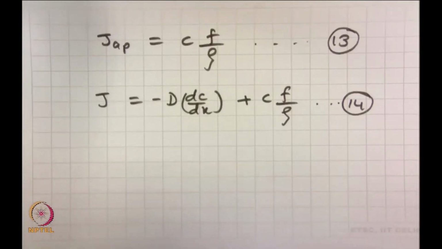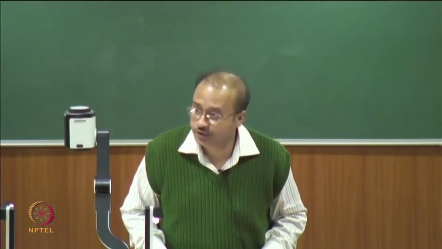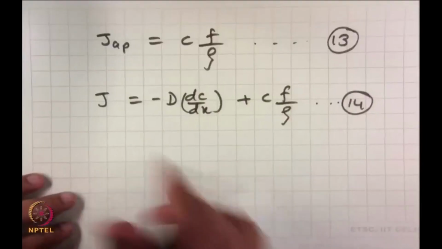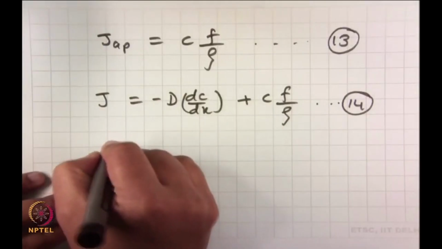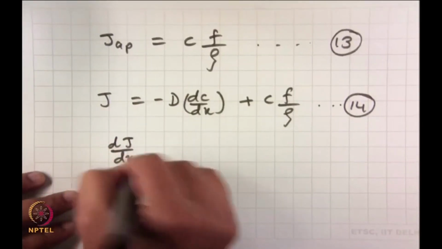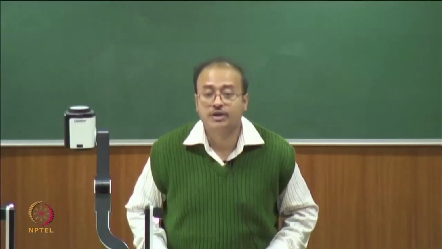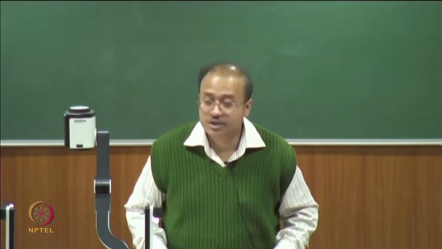So, if we have this now, remember we also discussed that Fick's second law is the one we should really care about. If we do that, then what we have to calculate is dJ/dx, because remember Fick's second law was ∂c/∂t equals minus ∂J/∂x.